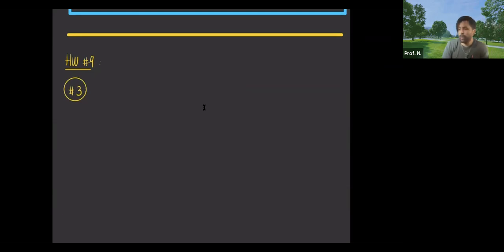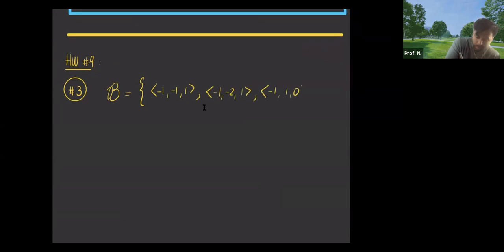So we have 2 ordered bases. We have one basis that looks like the following: -1, -1, 1, -1, -2, 1, -1, 1, 0.